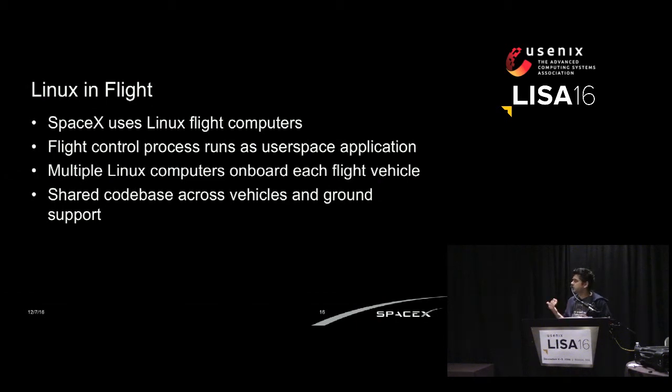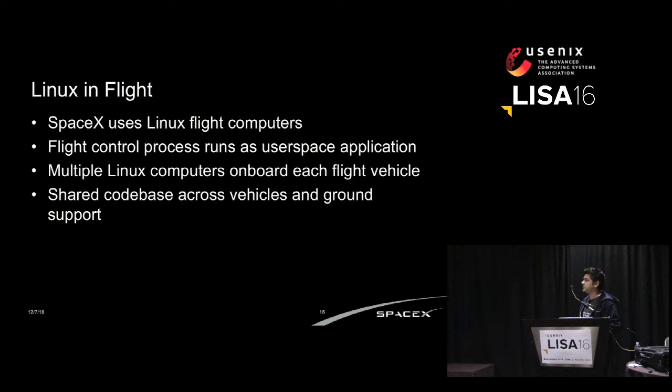We also have Linux running on systems like the small system that manages telemetry and RF communications. So if you look at Falcon 9, you've got 3 Linux flight computers on every first stage, 3 on the second stage, and then you've also got 3 telemetry RIOs on each stage as well.